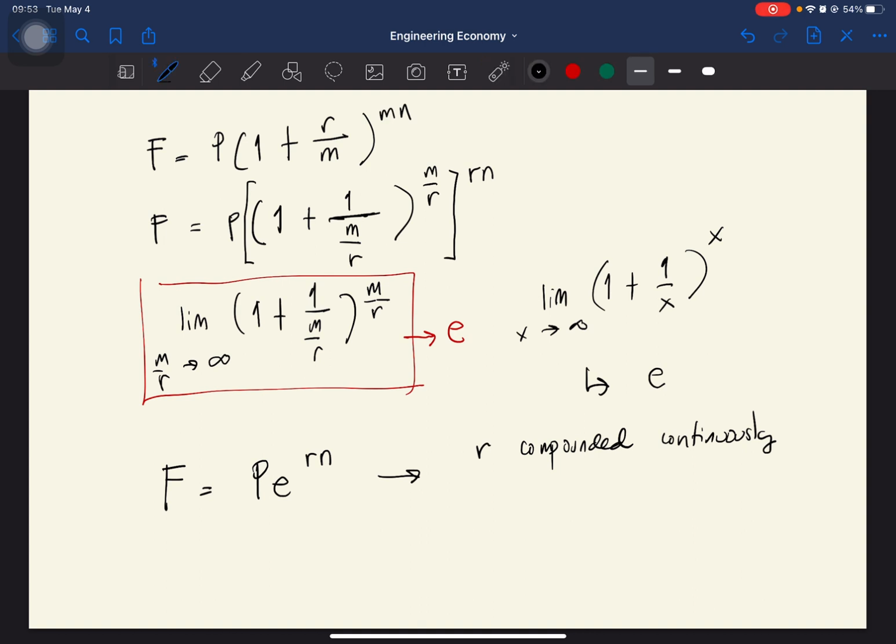And, isa pa, paano kunin yung effective interest rate kapag compounded continuously? Ganito lang. E raised to R minus 1. Okay? So, that's it. Ganun lang. Ito ay effective interest rate.